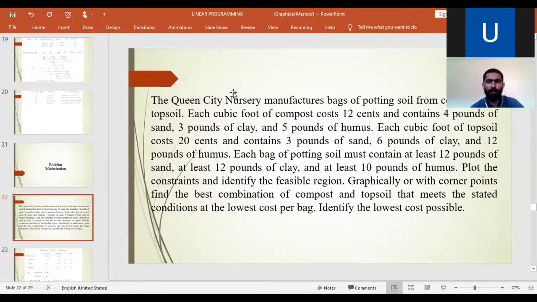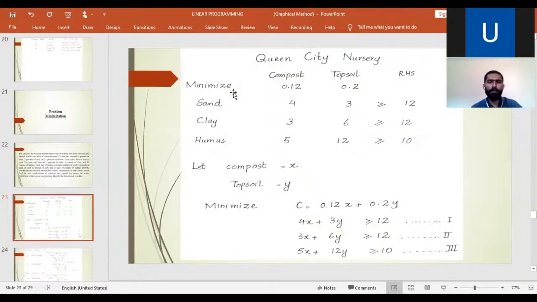In order to find the lowest cost, we will first make a table of the constraint statements: sand, clay and humus, and compost, topsoil and nitrogen. Now, we suppose compost is equal to x and topsoil is equal to y.